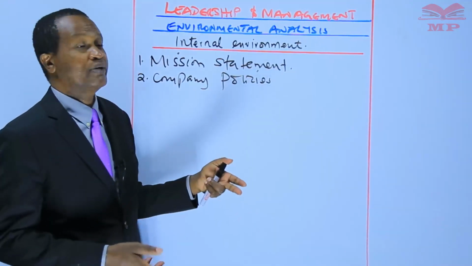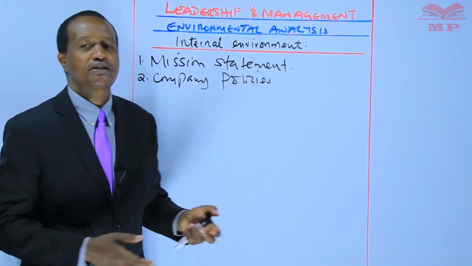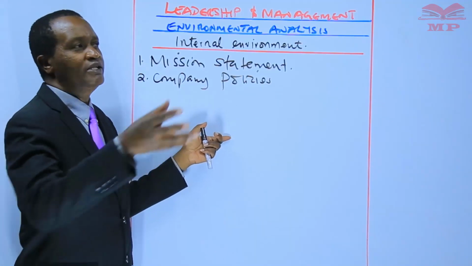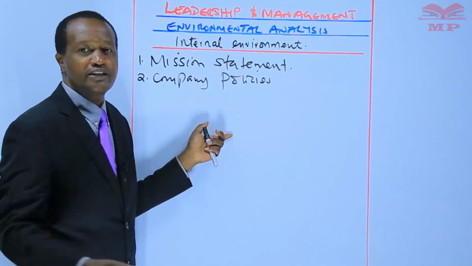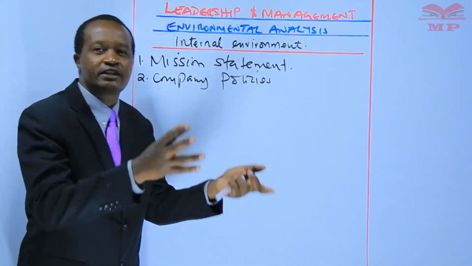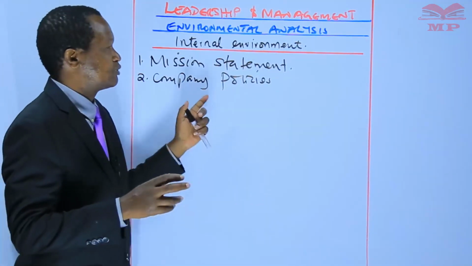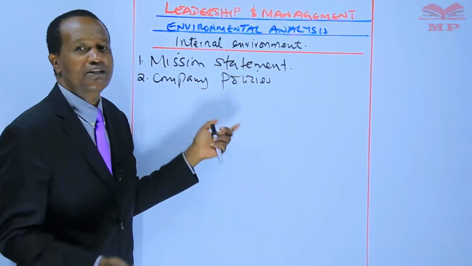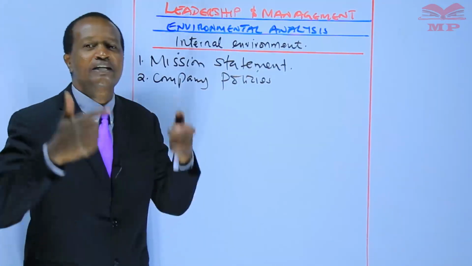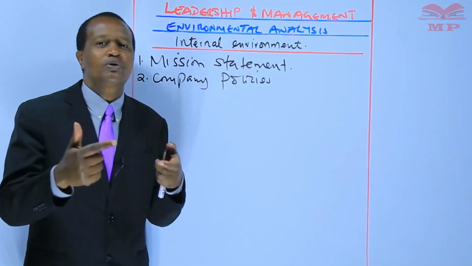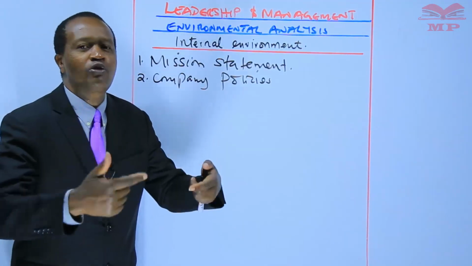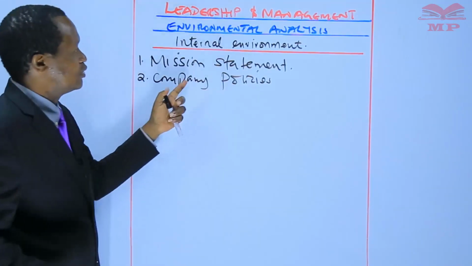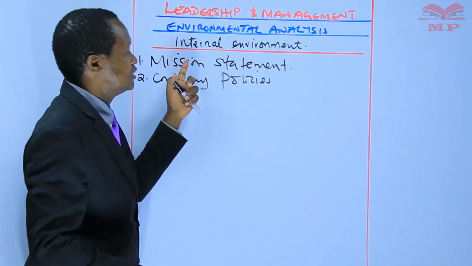There could be a policy on management of debtors, and so on. Just as we've seen institutions maintaining policies to provide guidance to managers on how to make decisions about circumstances that may frequently occur within an organization. So company policies are an indication of an organization's personality and should coincide with the company's mission statement.